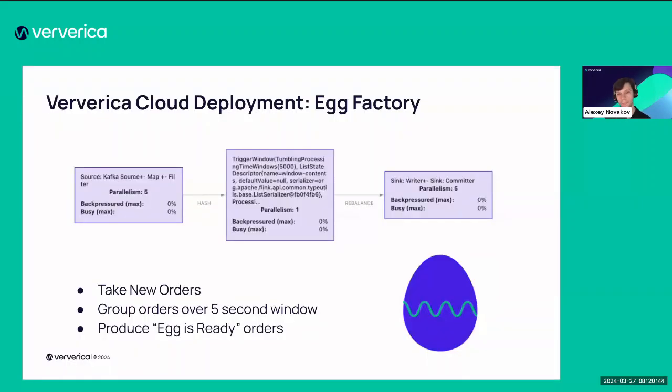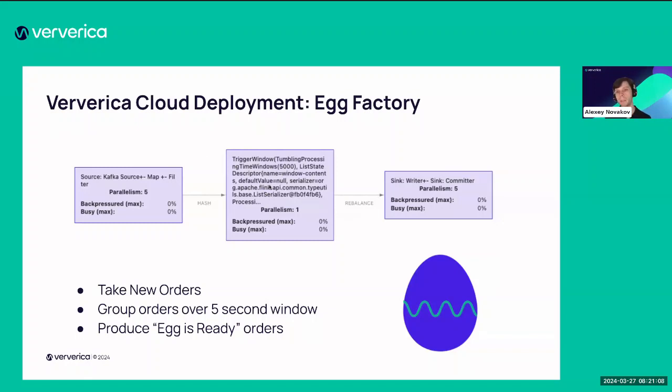So for the first service, which is just the egg factory, which takes the order and then changes the status to the egg is ready after some time, we implemented a very simple DataStream-based Flink job, which reads from a Kafka topic. Then after some period of time, it groups these orders, simulating the production of eggs.